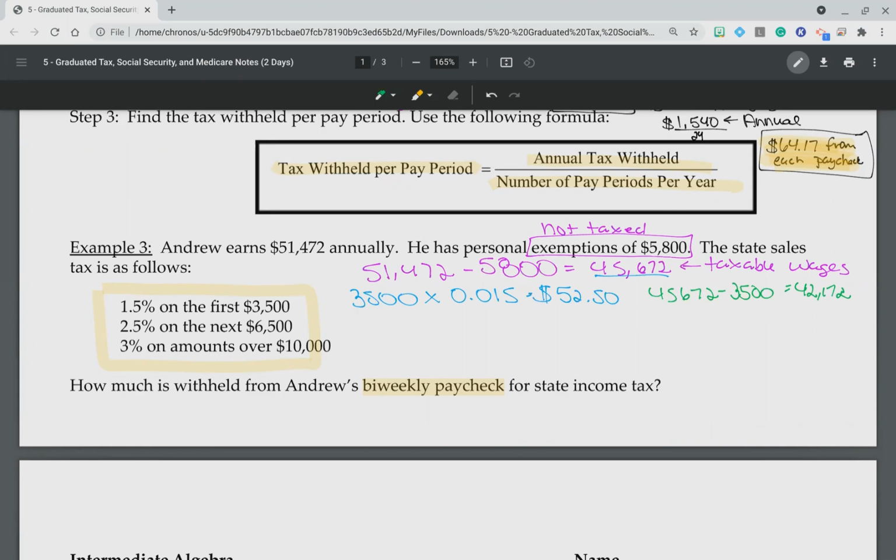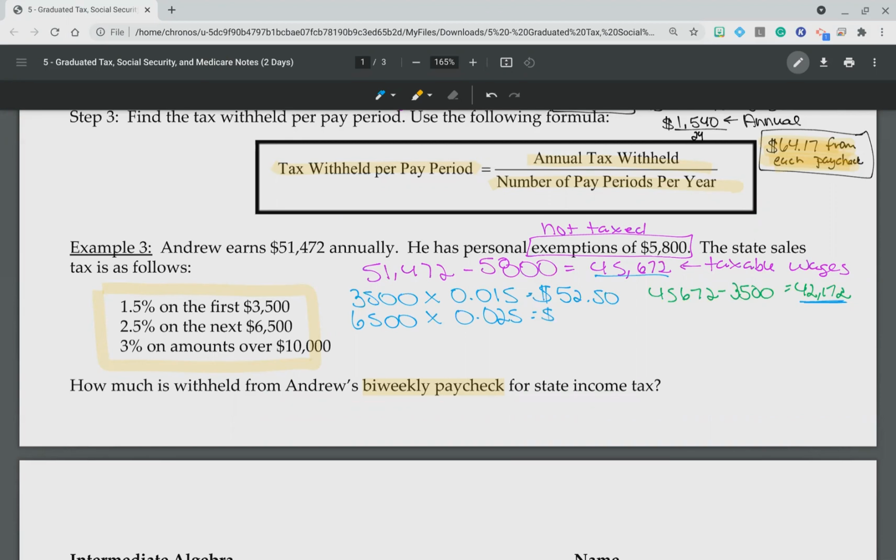All right, so then my table over here says on the next 6,500, I'm taxed at 2.5%. If I look at this number, I'm way over 6,500 left. So on the next $6,500, I am taxed at 2.5%, which is equal to 0.025.